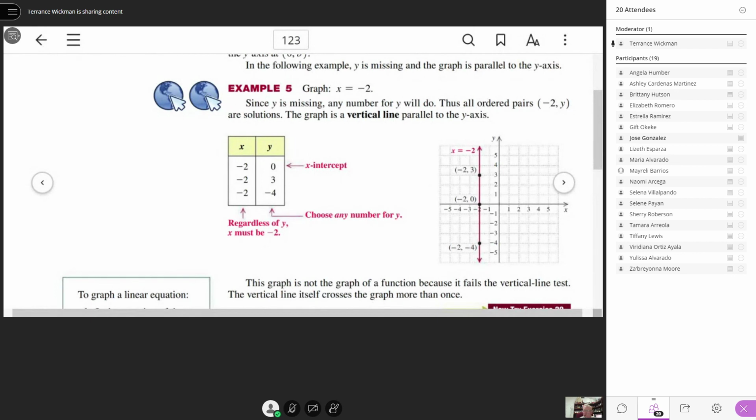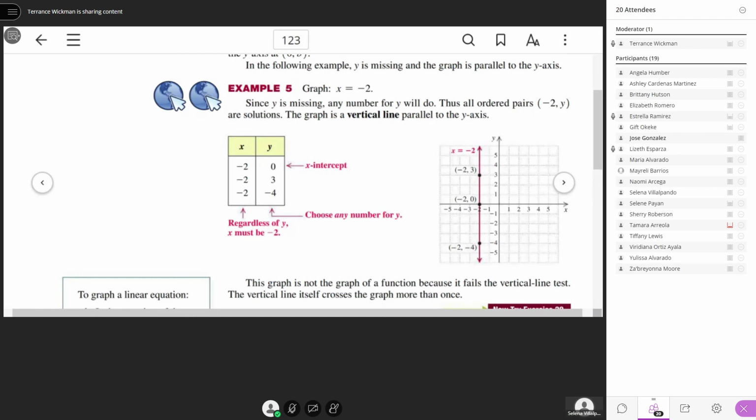Now, what is the slope of a vertical line? Anybody? Can't hear. What's the slope of a vertical line? Nobody knows? Is it -2? No, it's not that.